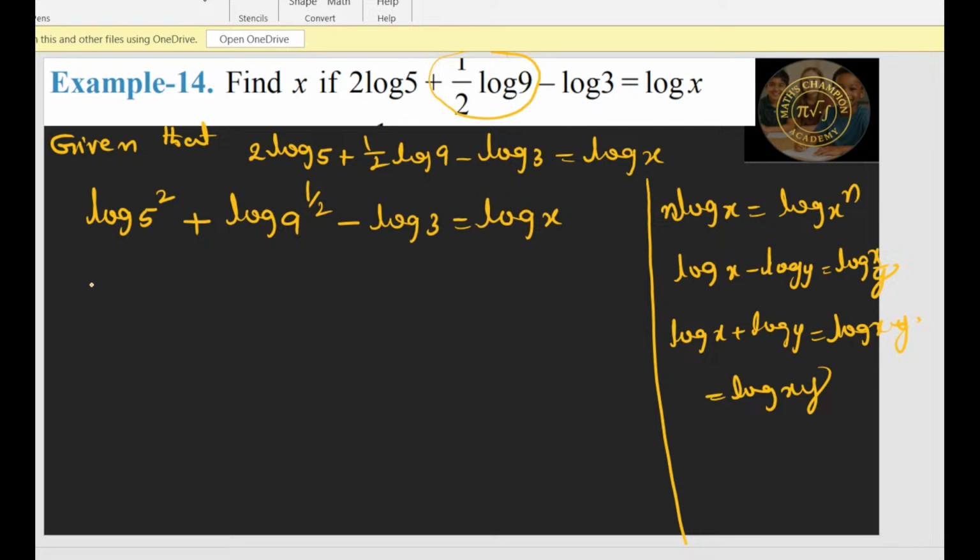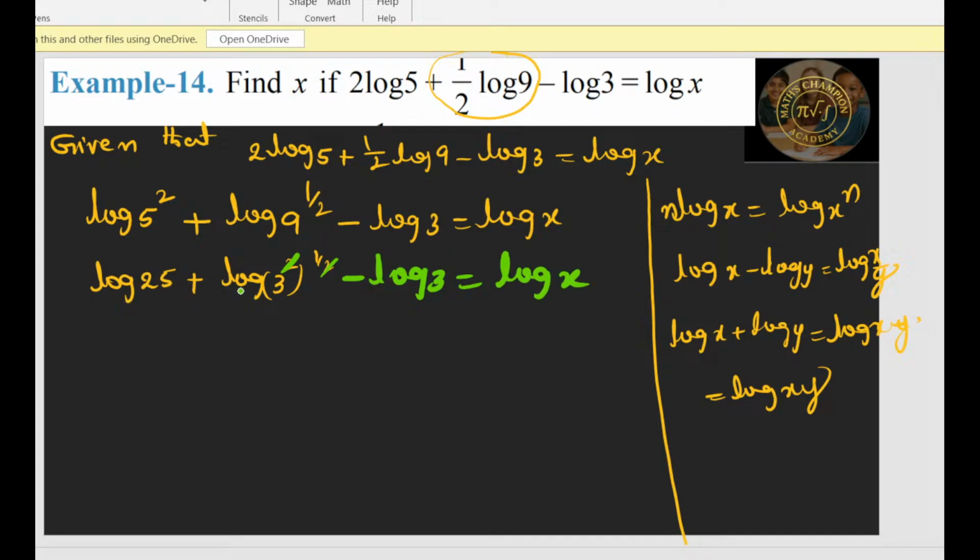Now log 25 plus, we can write 9 as 3 square, so log 3 square whole power 1 by 2 means this 2 gets cancelled with this 2, only 3 is left, then minus log 3 is equal to log x.